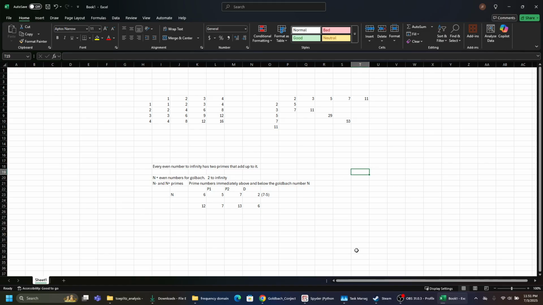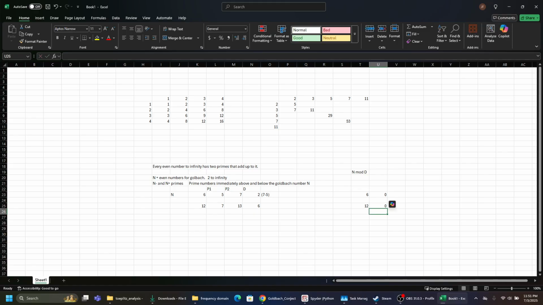Okay, so the formula here is n mod delta. Mod is just a term for when you divide the numbers and you look at the remainder. So let's do the same ones. We had 6 and we had 12. n mod delta: 6 mod 2 is 0 because 2 evenly divides into 6, and this one is also 0.